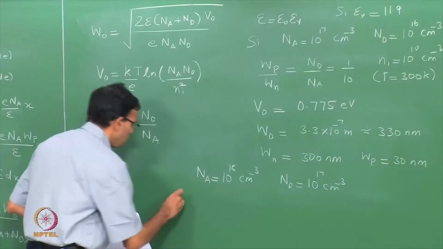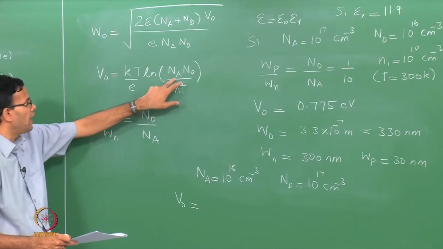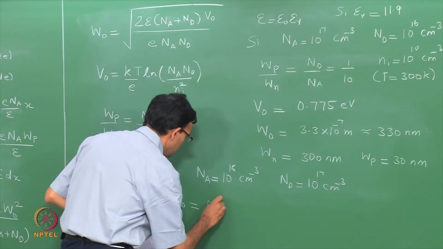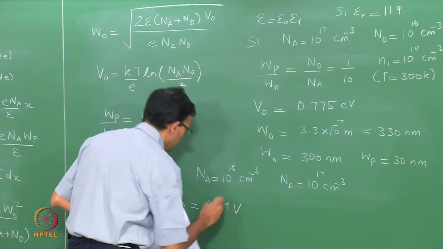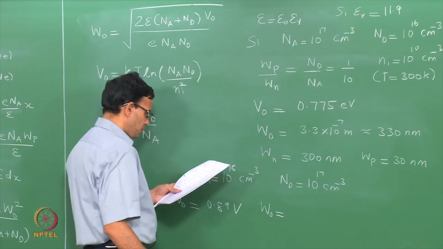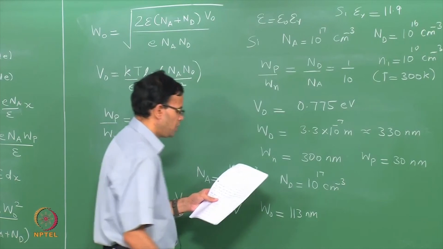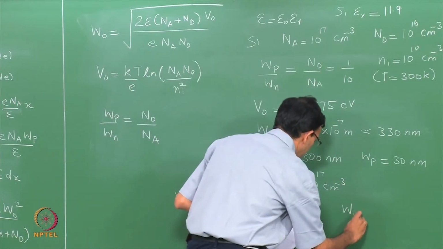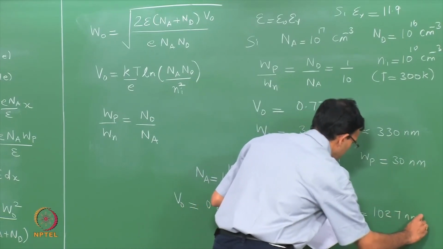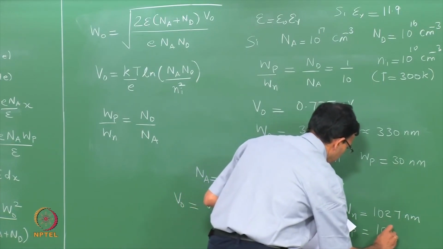Let me just write it down. V naught is also higher because V naught depends on the product Na times Nd. The potential V naught is around 0.89 volts. The total width, W naught, is lower, around 113 nanometers, and once again the width on the N side is 102.7 and the width on the P side is 10.3.